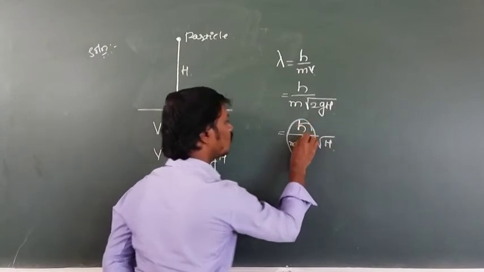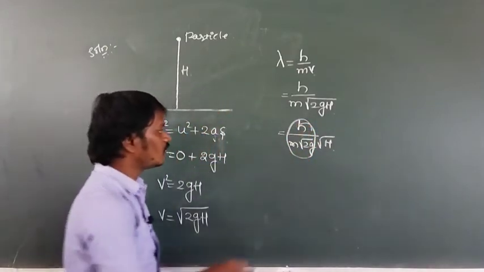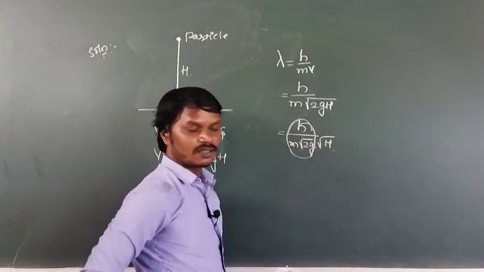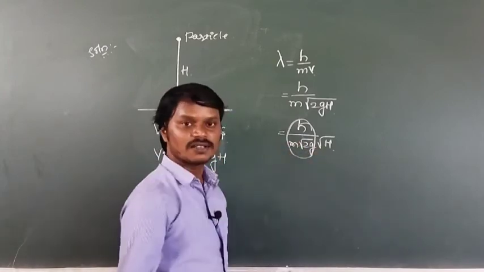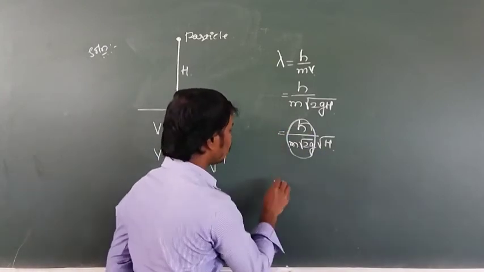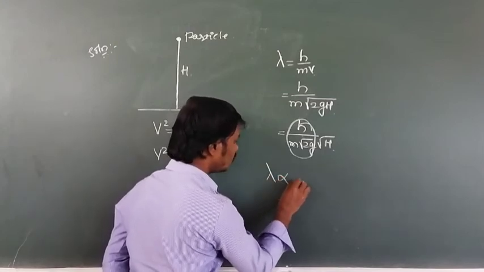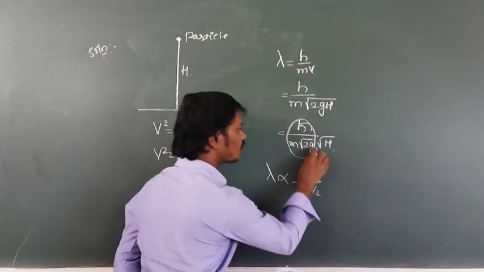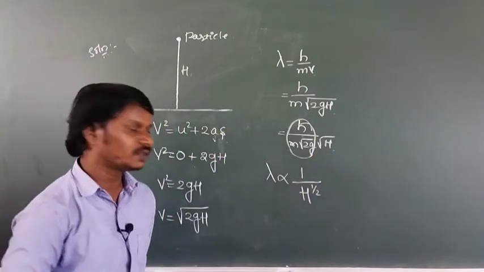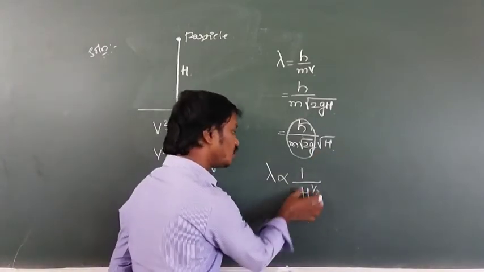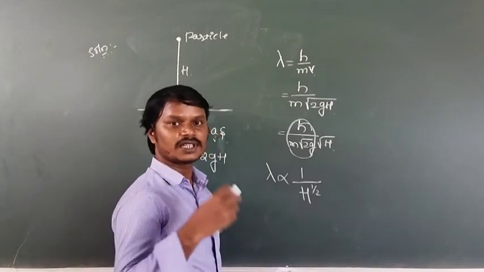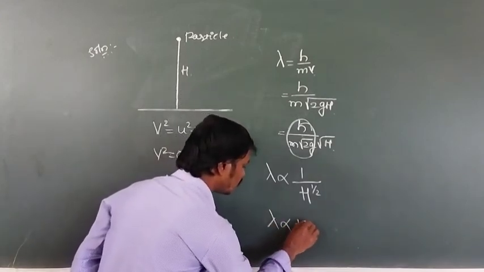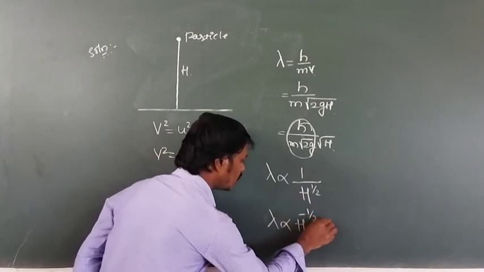This whole thing is constant here. Planck's constant is constant. Mass of the particle is constant. Acceleration due to gravity is also constant. Hence lambda is inversely proportional to h raised to 1 by 2. Square root of h means h raised to 1 by 2. This taken to the numerator becomes h raised to minus 1 by 2. Lambda is directly proportional to h raised to minus 1 by 2.